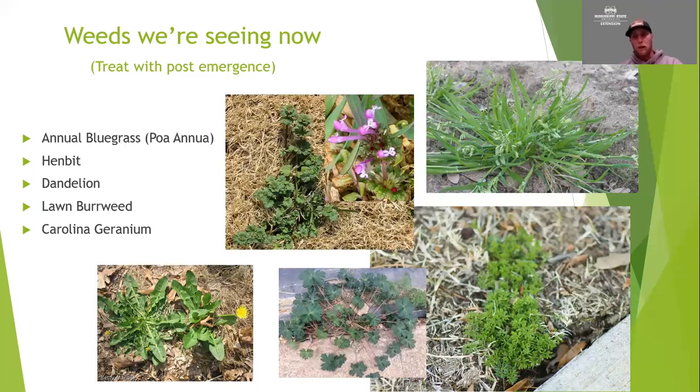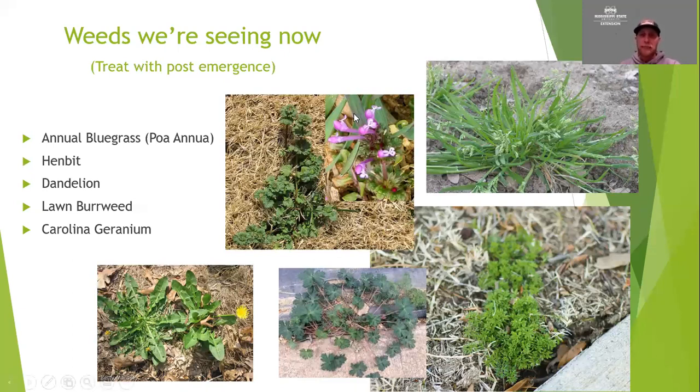So what we're seeing out there right now, what I saw the majority of in our yard here around our office, is a lot of annual bluegrass and a whole lot of henbit, which is this plant here in the middle, top left, with the purple flower, and kind of has a rosette whirling leaf structure around the stem of the plant.